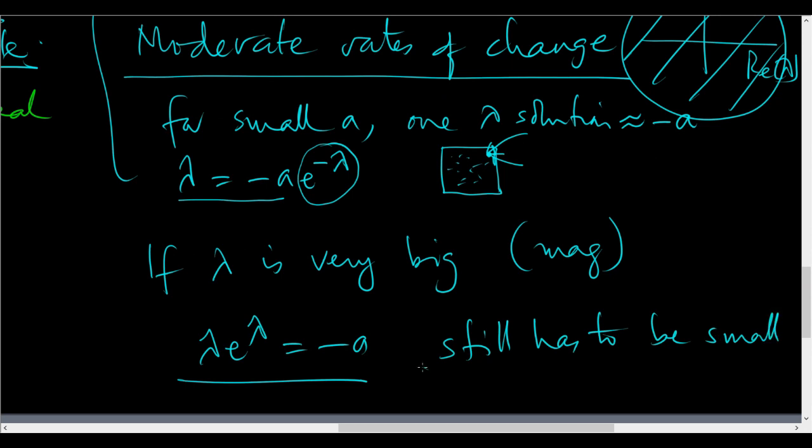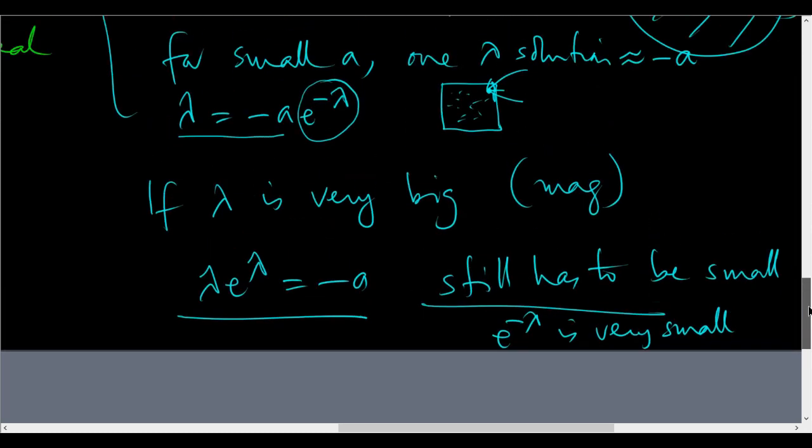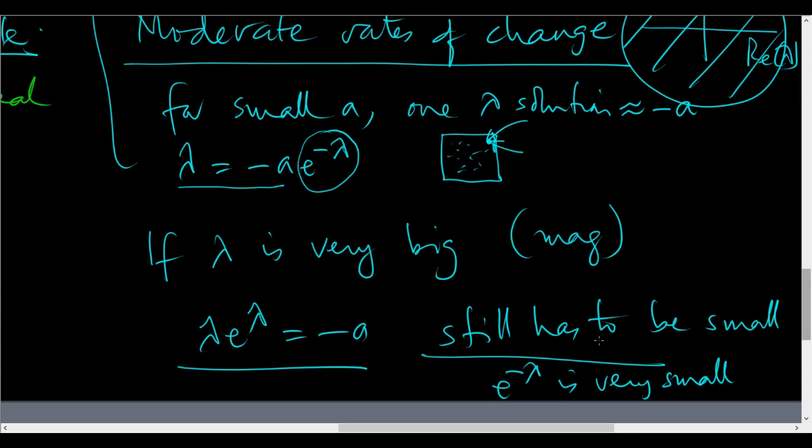And this means that e to the power minus lambda is very small. Wait a second, e to the power plus lambda is very small. And what this means is that if there are large roots of this equation, those large roots have negative real parts.